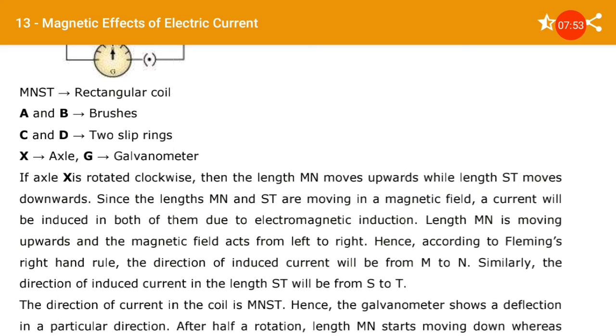Since the lengths Mn and St are moving in a magnetic field, a current will be induced in both of them due to electromagnetic induction. Length Mn is moving upward and the magnetic field acts from left to right. So that is the same principle as in the electric motor that we have seen.